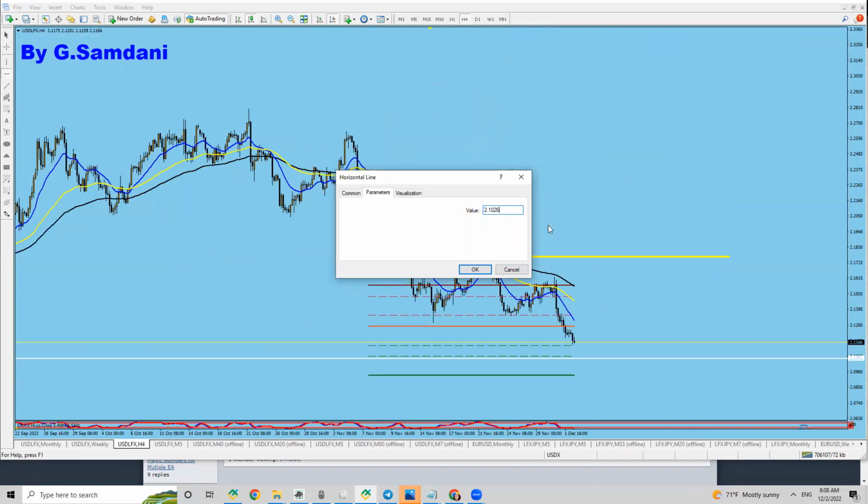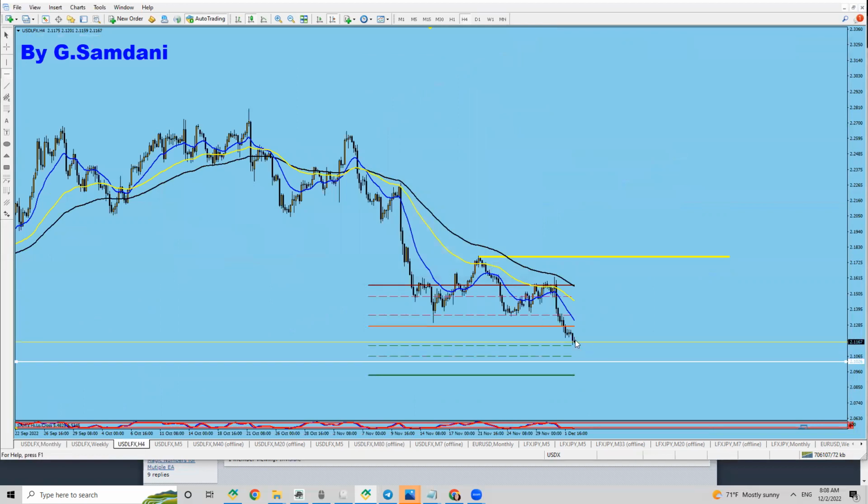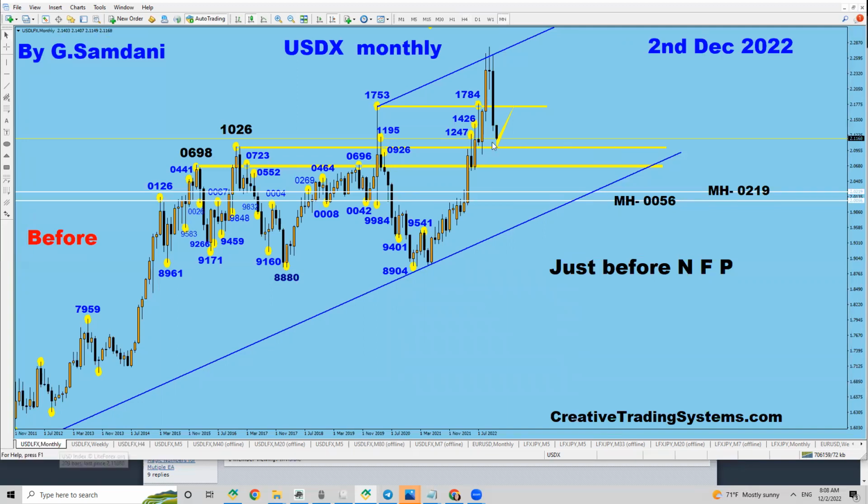But what I'm concerned about is that if it drops here, it's not going to stop here. If NFP makes it drop, then it's going to drop more, maybe. And this is how the monthly chart looks. So 1026 is right there.